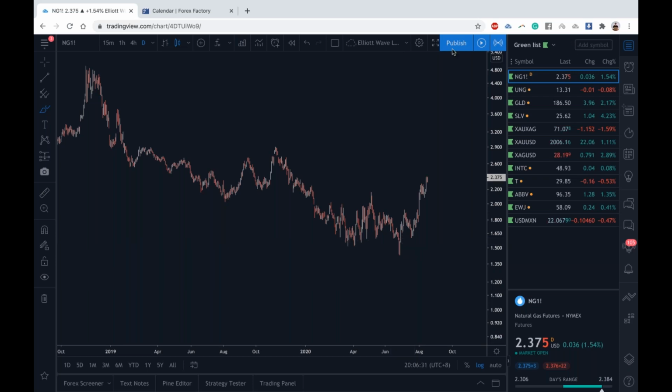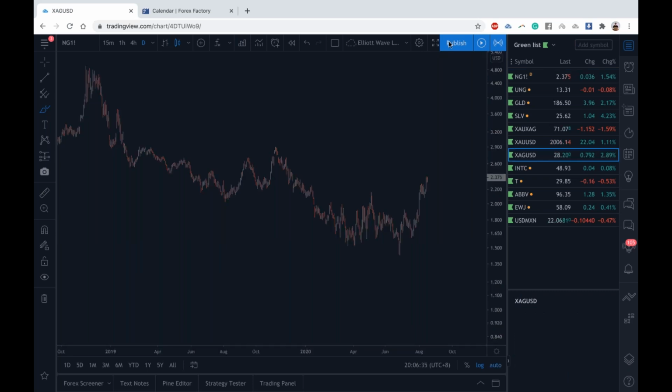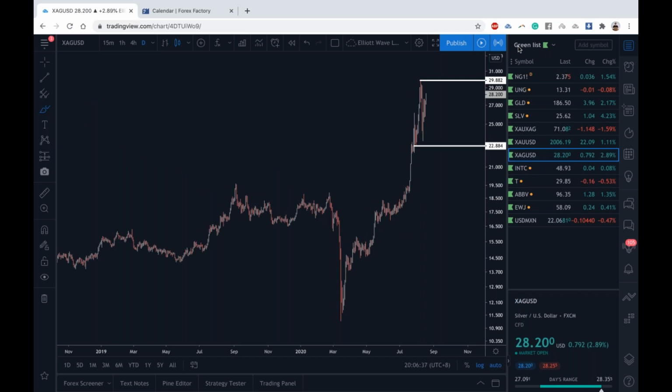If you take a look at XAGUSD, silver, back then it dropped all the way to somewhere close to $10 to $11. Again, that is like the production cost value of silver, so it can never go to zero. That becomes a very good time for you to start monitoring the commodity because it's really that low already, so the only high probability direction is to the upside.